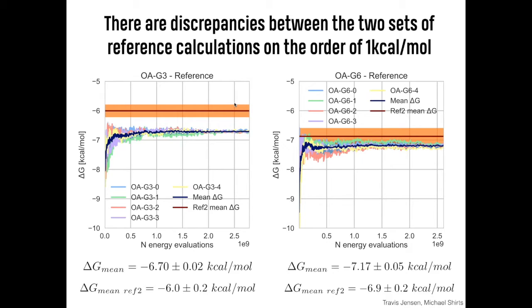So Travis Jensen and Michael Schertz are providing a second pair of reference calculations to confirm our own value. And this is when the first problem starts to pop up. So we still have differences between the two. It might take a little bit more for this second pair of reference calculations to converge. I was talking to Travis before.